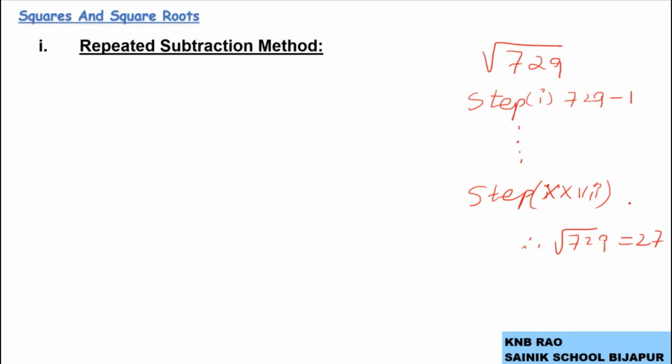Second point is repeated subtraction method is useful in telling whether the given number is a perfect square or not, provided the number is a smaller one. And how much is to be added, how much is to be subtracted to make it a perfect square, that also we can tell. That is note number 2. You will come to know with one example. I will explain all those things.